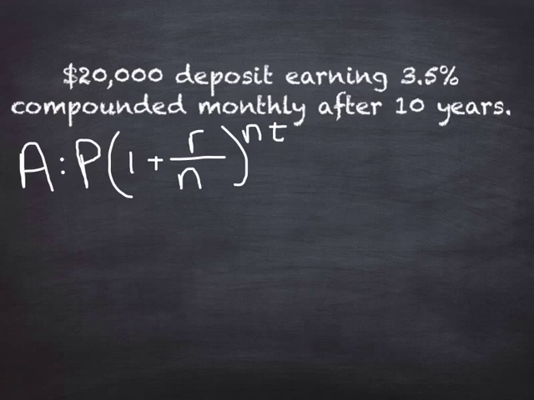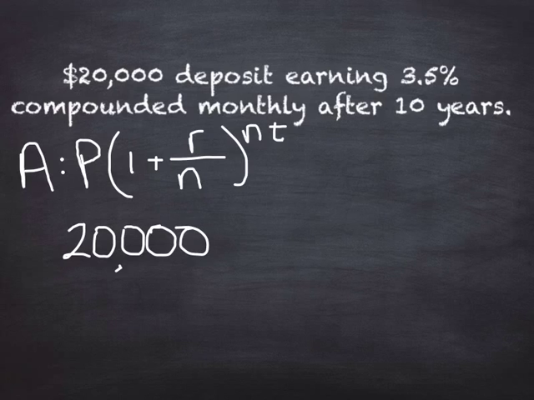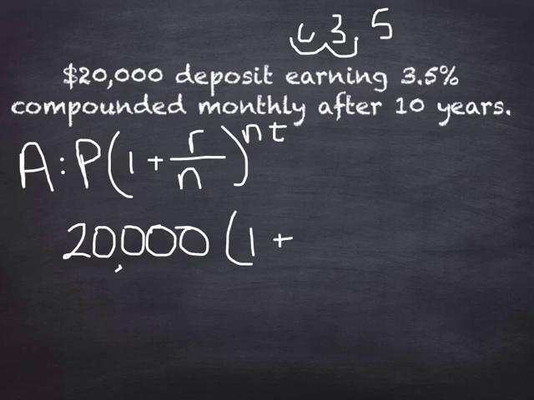Let's plug everything in. P, our principal amount, is $20,000 times 1 plus our interest rate written as a decimal. Remember, to turn percents to decimals, we move our decimal place twice. 0.035 over n, the number of times it's compounded.